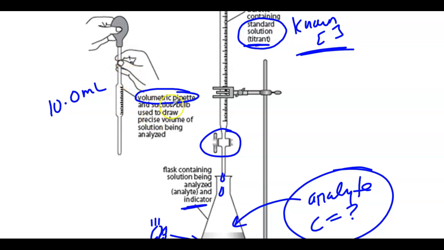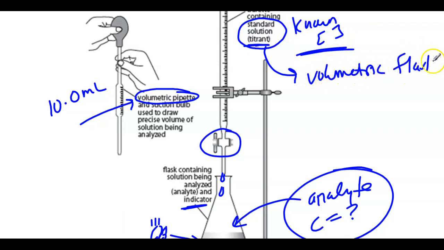We would use a volumetric pipette because it is more accurate than reading from a graduated cylinder. It's the most accurate reading that you can get. Just like when we make the standard solution, we make that in a volumetric flask, so it's very accurate in terms of volume measurements.